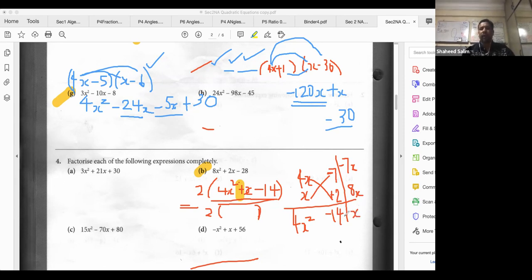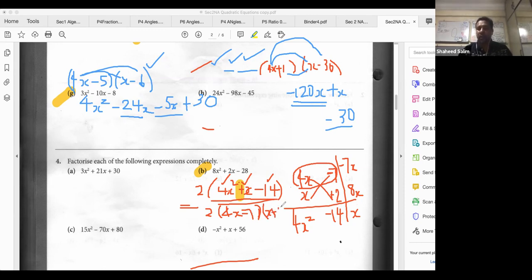Now this is correct. 4x squared, minus 14, plus x. I know it is not so easy to get your answer straight because the numbers are big. So 4x minus 7 over here, and then x plus 2. This is the factorized version.